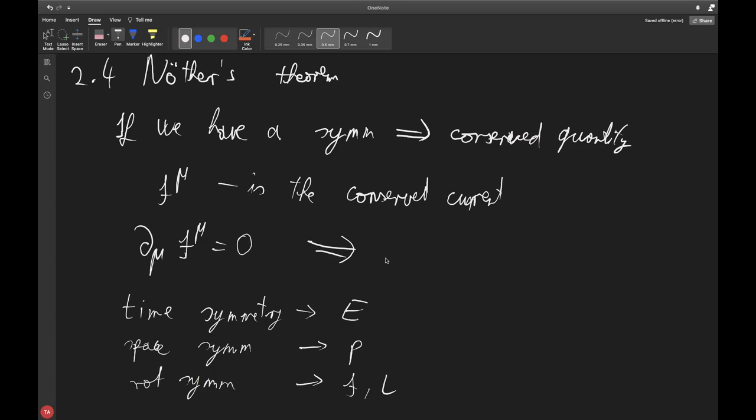If this is the current, the charge, which is not necessarily the electric charge, it could be any charge, is defined to be the integral of this current. It's a three-dimensional integral of the zeroth element of this current density J.